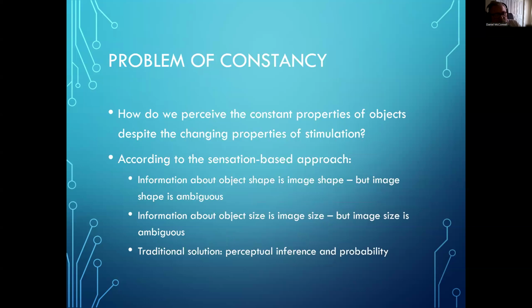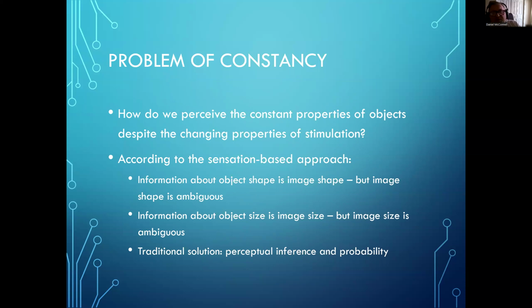So we are left now with our problem of constancy, which we do not have an answer for, according to the sensation-based approach. What we have is retinal images that are ambiguous with respect to brightness levels, wavelength and color levels, image shape and object shape, and image size and object size. All of that information is inherently ambiguous at the level of the retinal image, and therefore at the level of the input to the visual system.